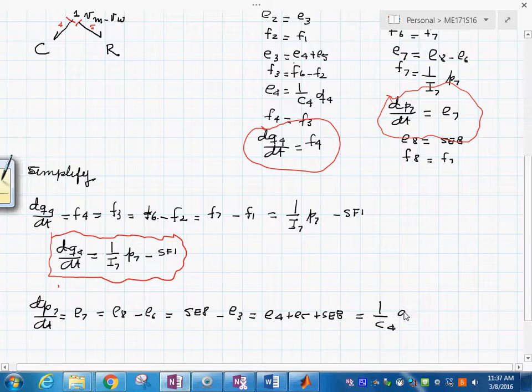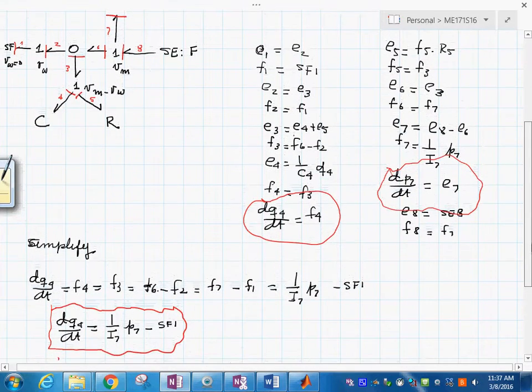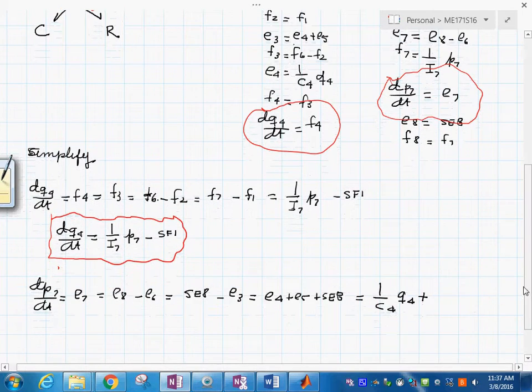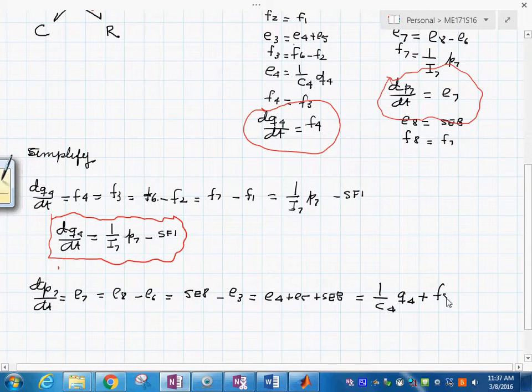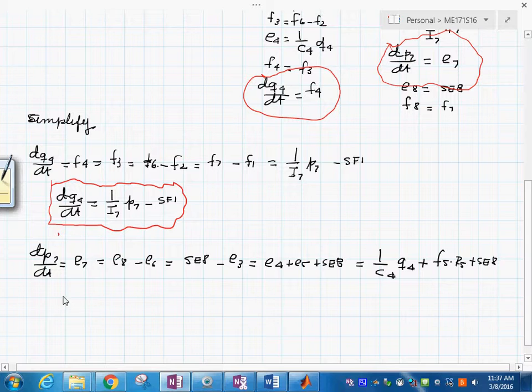F5 is F3 times R sub 5 plus SE8. So you see everything is almost all done except F3. So let's just see what F3 is, so we don't have to repeat all this equation a lot.